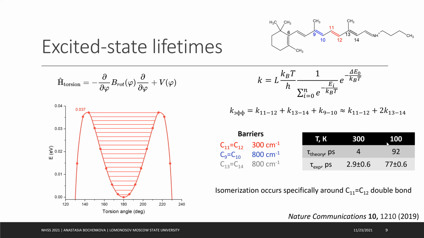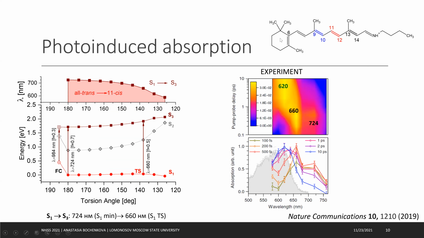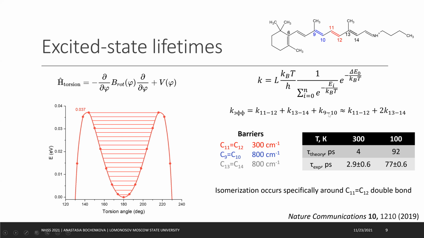We use transition state theory, and sorry, the equation is here. This is a slightly modified version, but nevertheless, what we need is the activation barrier, and we also calculate the statistical prefactor in a direct way.